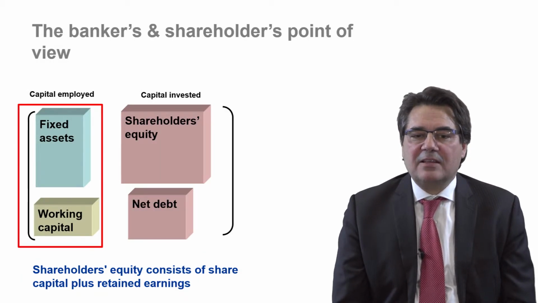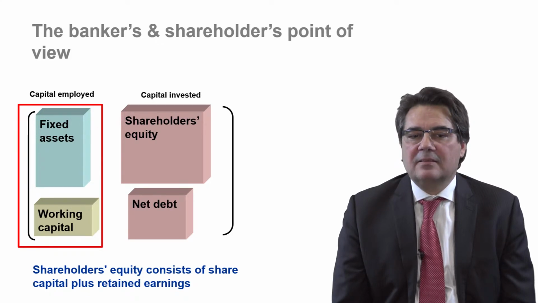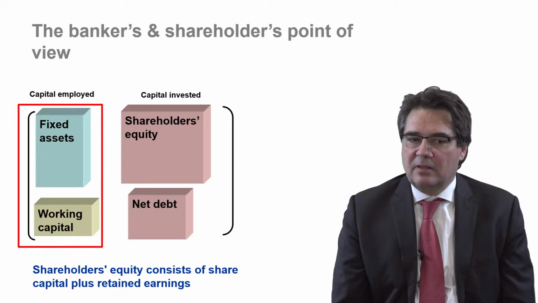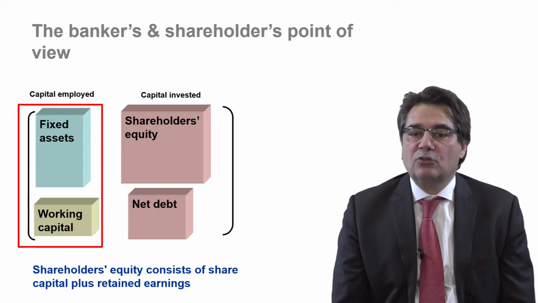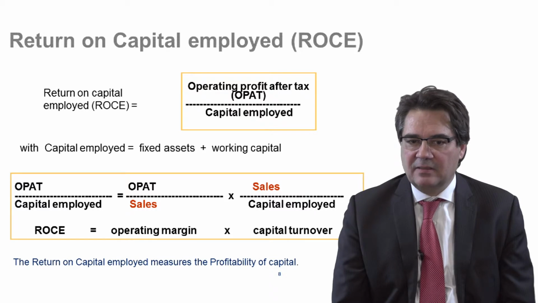We have seen previously that the company has various sources of financing which are not limited to shareholders' equity. This is referred to as the capital employed, from which it is possible to compute the return on capital employed. The return on capital employed measures the profitability of capital, which is calculated by dividing operating profit, called NOPAT if the return on capital employed is to be measured on an after-tax basis, by capital employed.